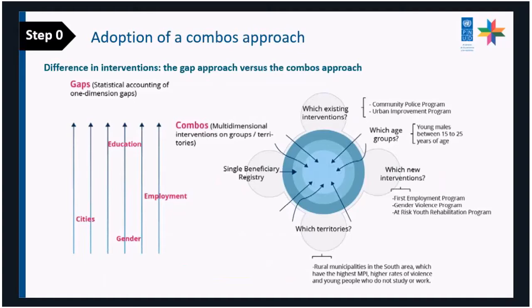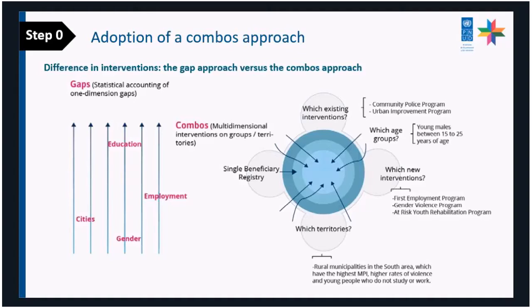And the second aspect that's very important is that we zoom into not just the territory, but also to an age group. When we think about teenage pregnancy, it'll be girls and adolescents from 13 to 17 years of age. When we think about youth at risk or citizen security, like the El Salvador case, it's young men from ages 15 to 25. And when we think about extreme poverty, it's usually women and children that we're focusing on first, thinking about the household, nutrition, and so on.